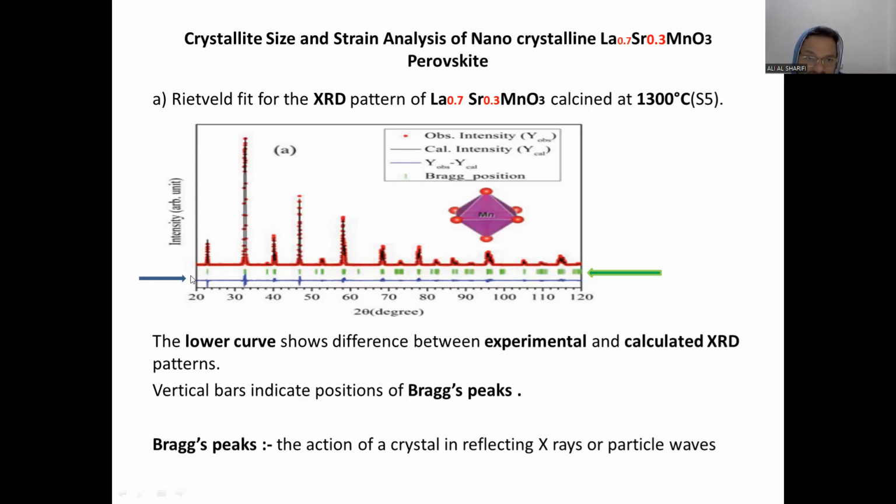The lower curve, that means the blue one, shows the difference between the experimental and calculated X-ray diffraction. Now, the green one explains the vertical bars. The vertical lines, the vertical bars, indicate the positions of Bragg peaks. I took this definition of Bragg peaks from Google.